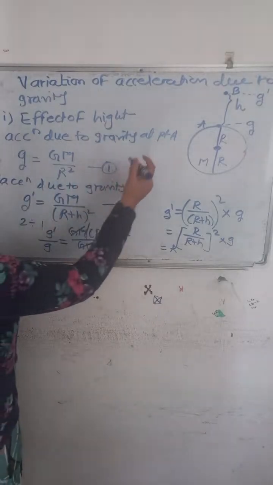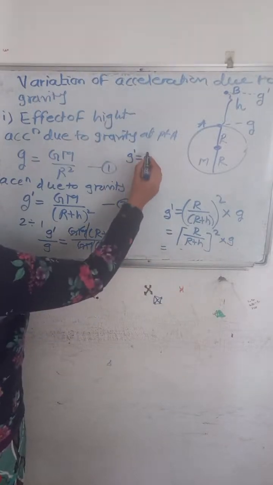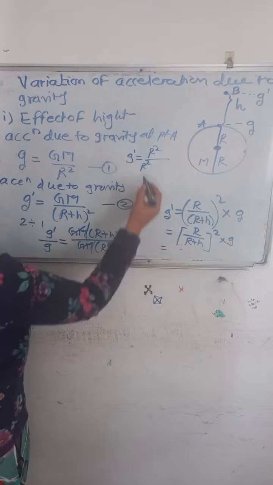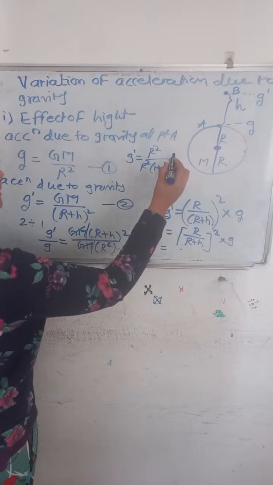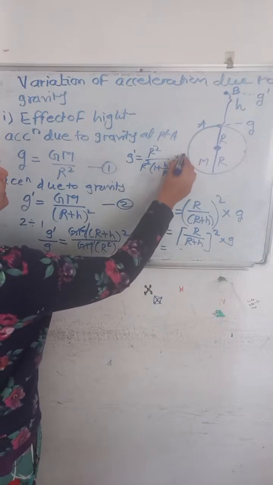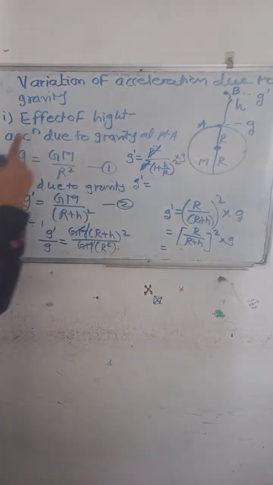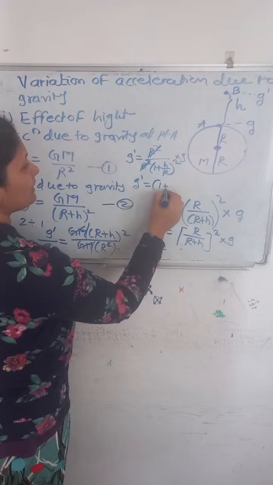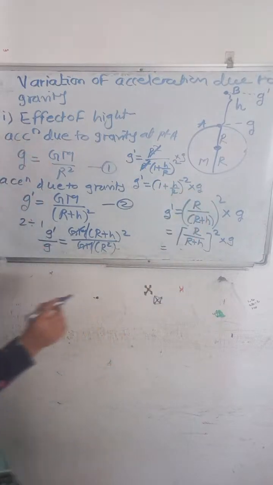So g dash is equal to, I will take R square as common, (1 plus h upon R) whole square, into g. R square gets cancelled, and g dash is equal to, you can transpose, (1 plus h by R) raised to minus 2 into g. So this is also okay.